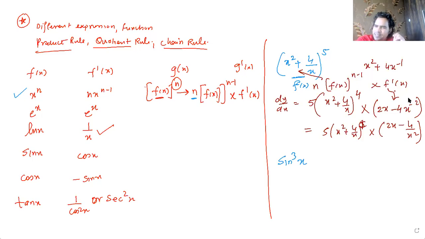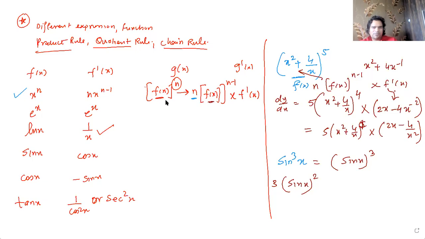Now when you talk about the second function, which is sine cube x, it can be written as sine x the whole cube. So here my parent function is x cubed, and the child function is sine x. Our first step will be to differentiate the parent function, which gives 3 sine x the whole square, so n f(x) to the power n minus 1.